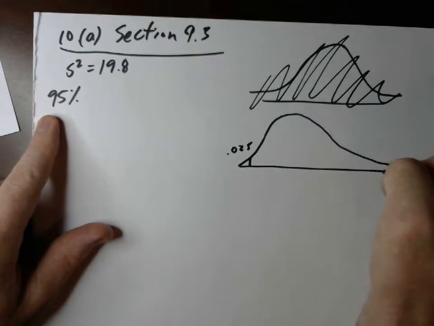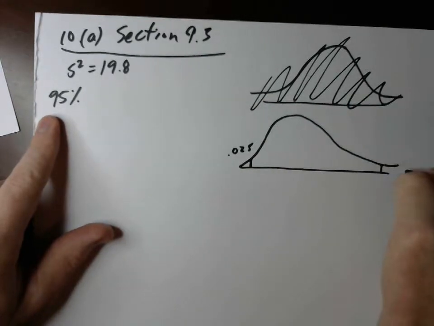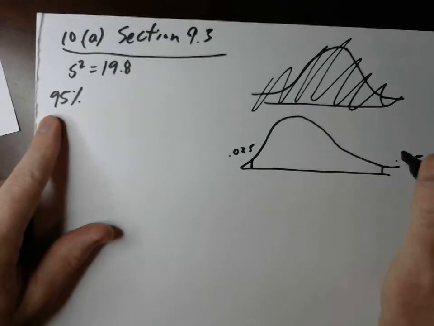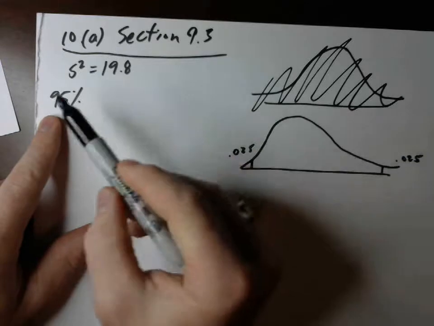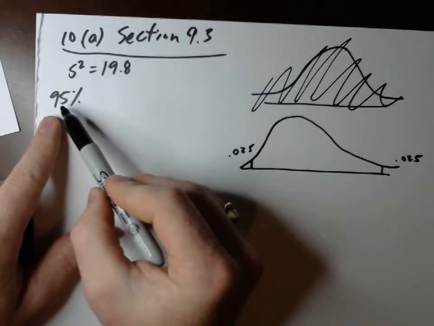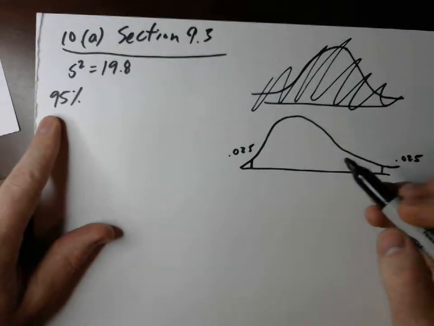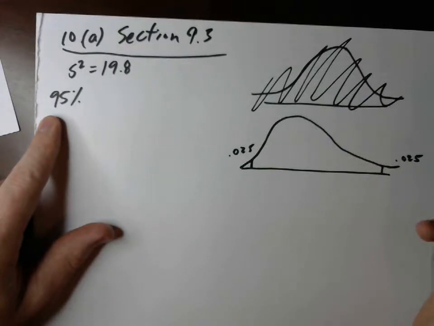We want to separate the two tails equally, left and right, so we divide the complement, 5%, by 2, giving 0.025 and 0.025.